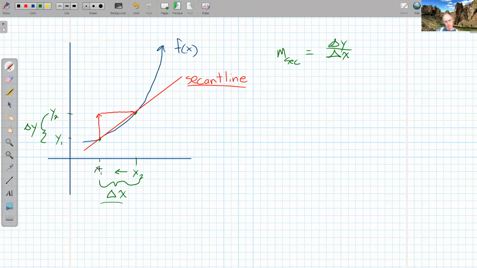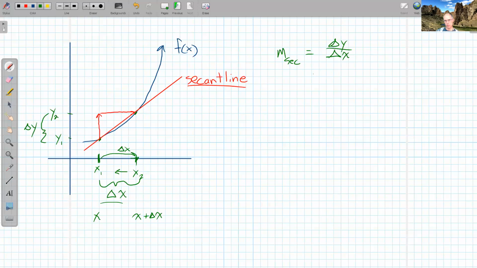Another way to think about it is this x1, let's just call that x there. And then if I add on that little change, then x2 becomes x plus delta x. And that's just this number right here, right? I started here at x, I added on that value delta x there. So x plus delta x gives me this other one.